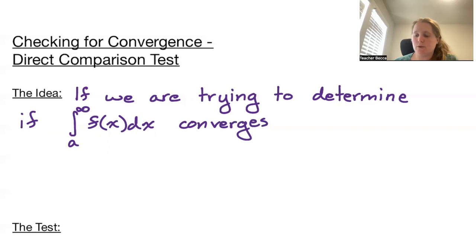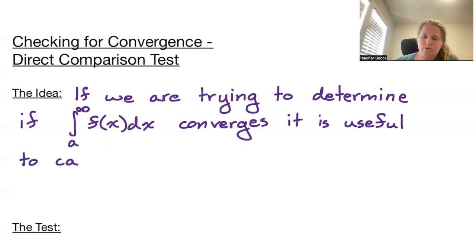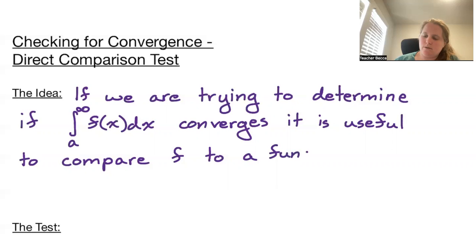It is useful to compare f to, or to find a function that we can compare f to that we fully understand. So it is useful to compare f to a function g that we already understand.